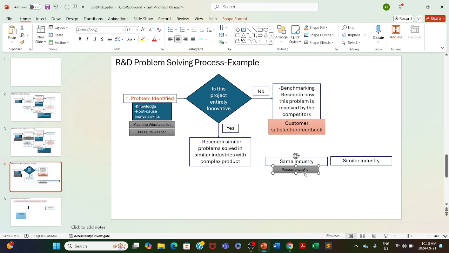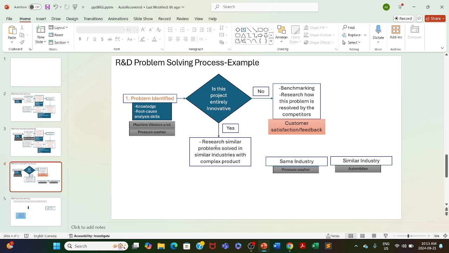These are kind of similar, but if you think about the construction of this machine, it is at least a very simplified version of an automobile. So I would say a similar industry would be automobiles. But automobiles are way more complex than pressure washers.